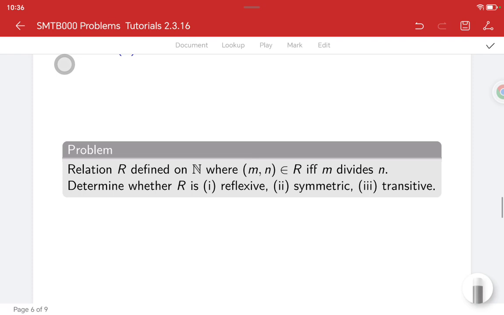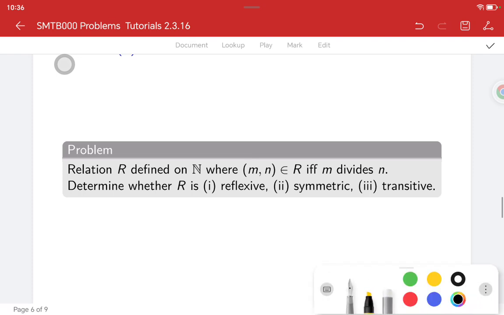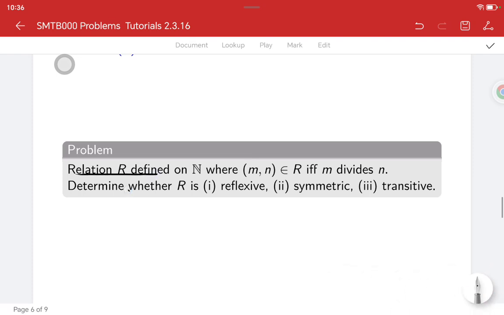Now, first, we must check reflexive. So we're going to check the same way. First we must understand what it means: what does it mean that m divides n? Do you know what it means?